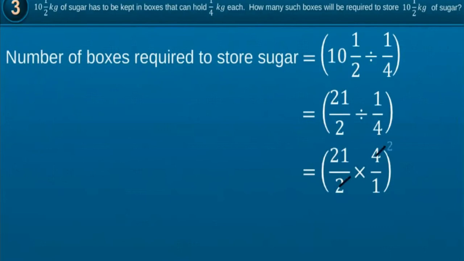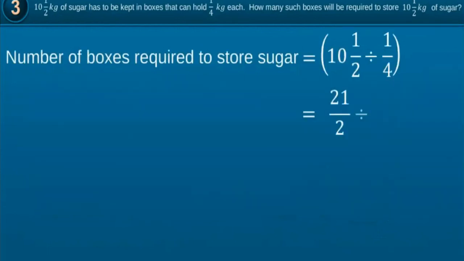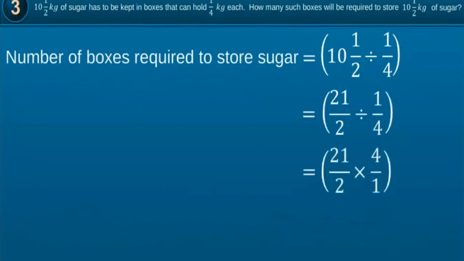On further simplification, the answer is 42 boxes. Therefore, 42 boxes of 1/4 kilogram capacity are required to store 10.5 kilograms of sugar.